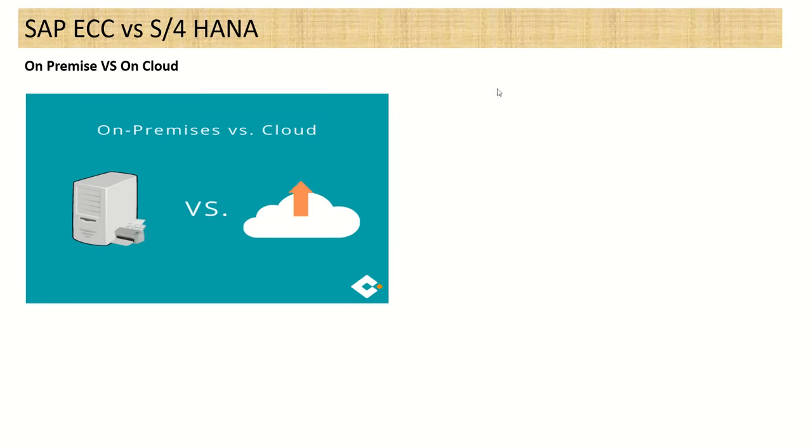So in the cloud there are some limitations in flexibility, but the advantage is that we don't need to purchase a server, because HANA servers are very, very costly, right? So in S4 HANA this is also one of the major changes. Along with on-premise, we also have the on-cloud edition.